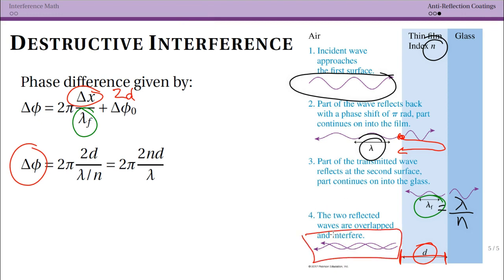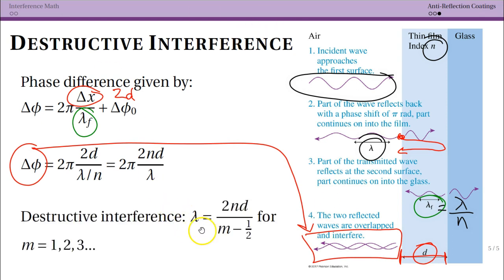And again, the goal is to have them interfere, ideally destructively, or as destructively as possible. And so we then get this condition on lambda by saying that we want delta phi to be 2 pi times m minus or plus 1/2, right?